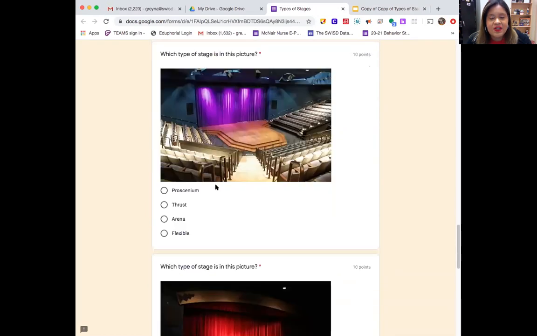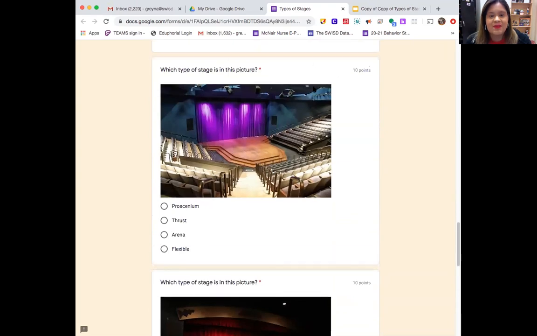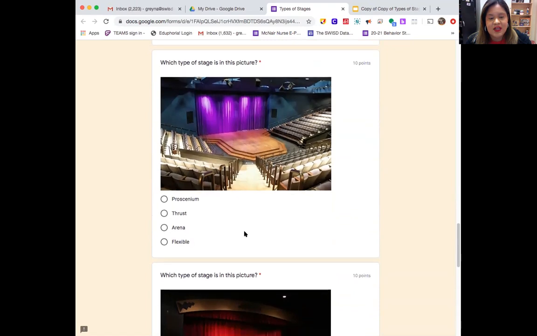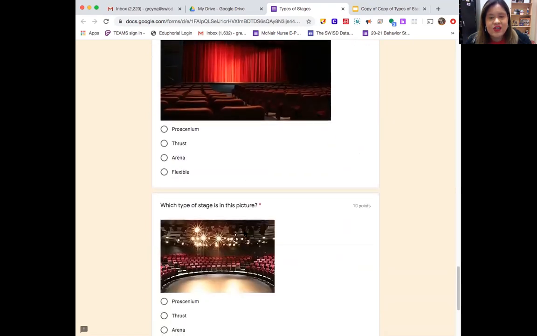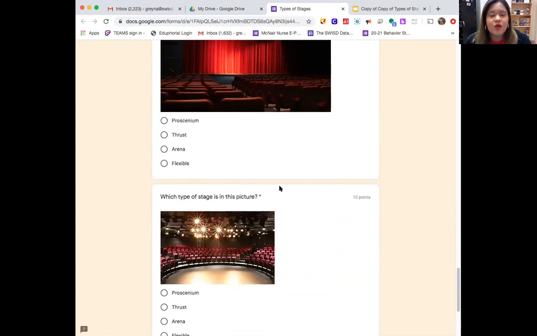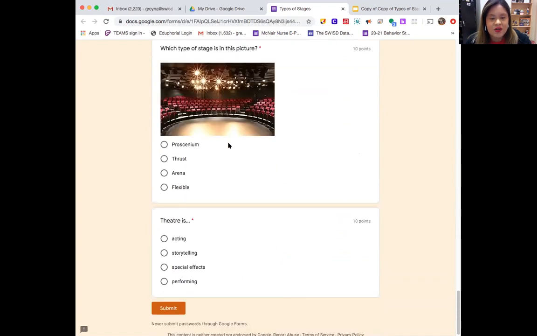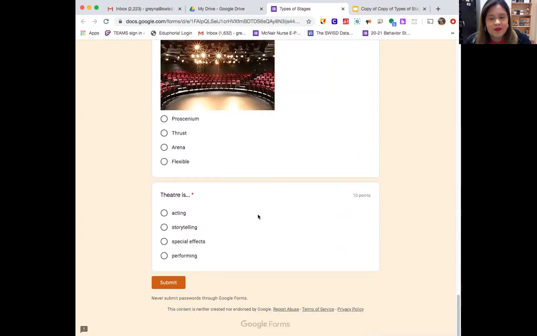So based on the picture, sorry, I'm scrolling around quite a bit. Based on the picture, what kind of stage is it? Let us know. And so you're going to continue through your Google form and answer those questions. And then your final question, exit ticket, is going to be this last one.